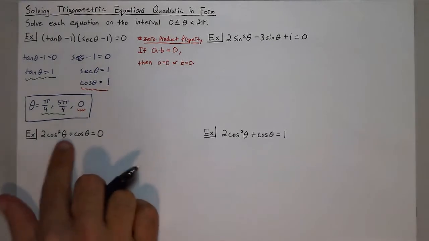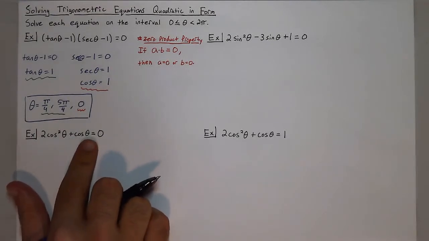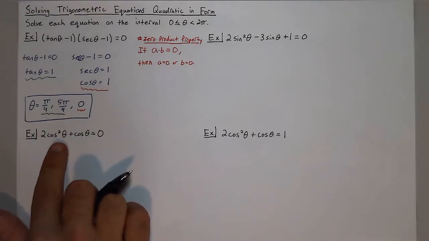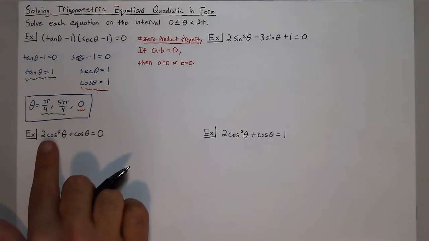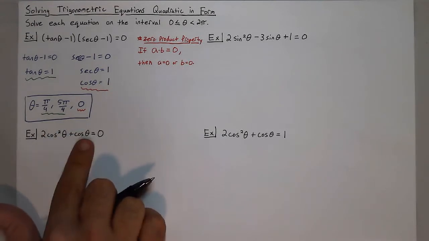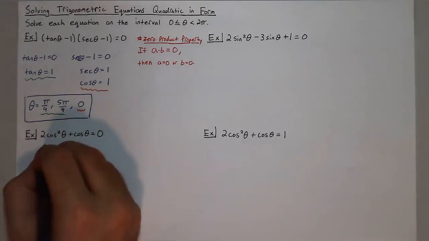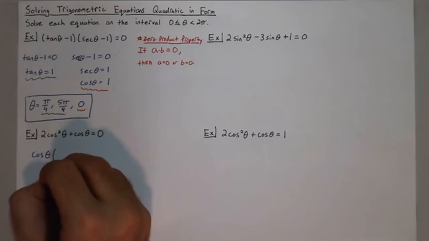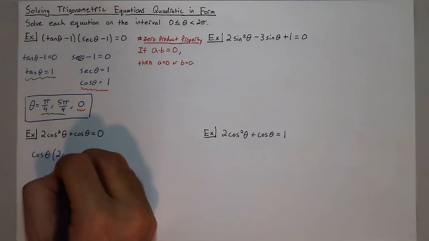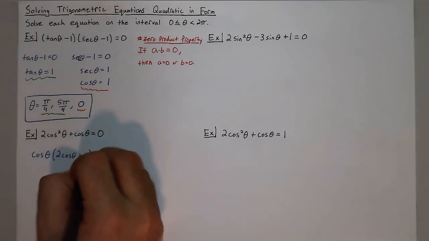Now, let's say it's not set up in factors yet, but you can still factor out a common factor. In this case, both of these terms, 2 cosine squared theta and cosine of theta, both have a cosine as a factor. So to start out the equation, I can factor out cosine of theta. And I'll be left with 2 cosine of theta plus 1 in parentheses, and that's equal to 0.